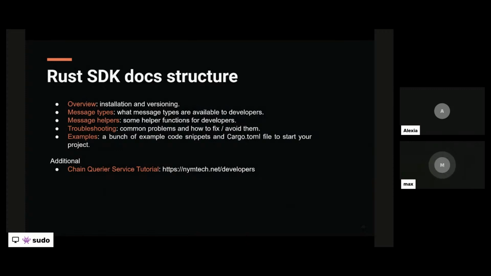So there's also a page with some helpers. By message helpers, I mean helper functions that, in writing the tutorial or other bits of code, we've reused and think would be helpful for developers. Troubleshooting is obviously very linked to the message helpers. The message helpers are there also to avoid you needing to troubleshoot, but troubleshooting covers some common problems, how to avoid them or fix them.